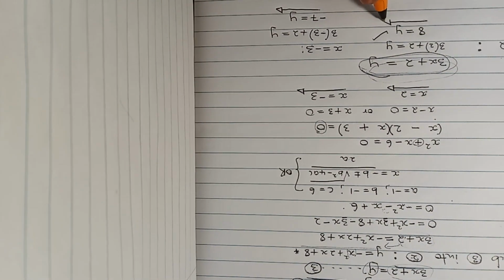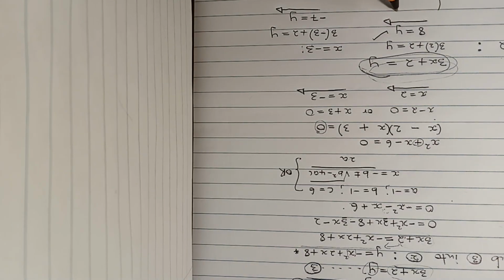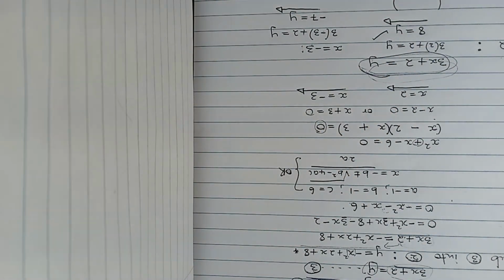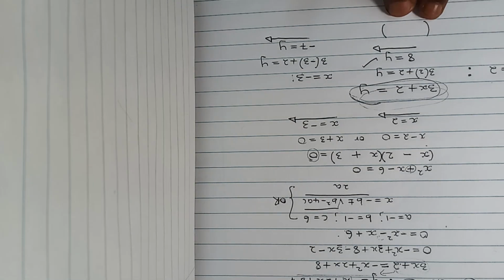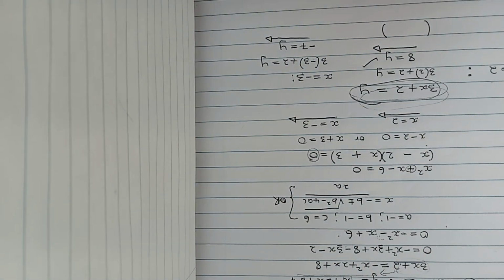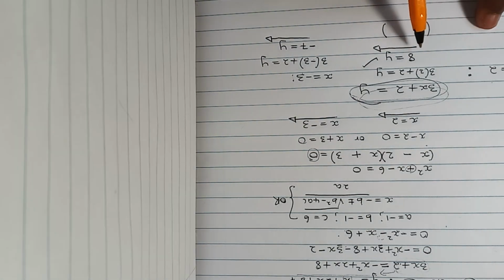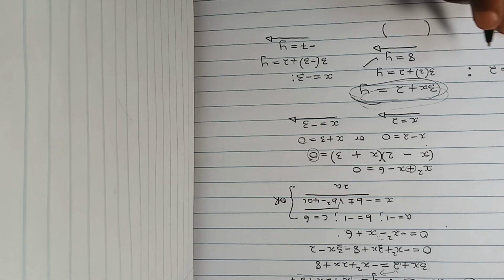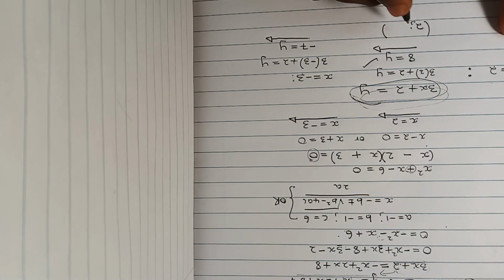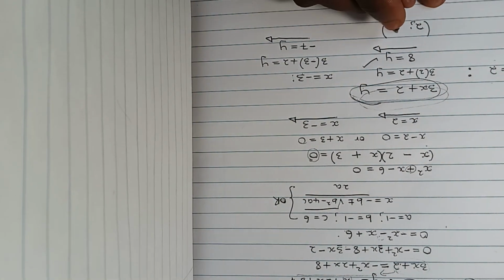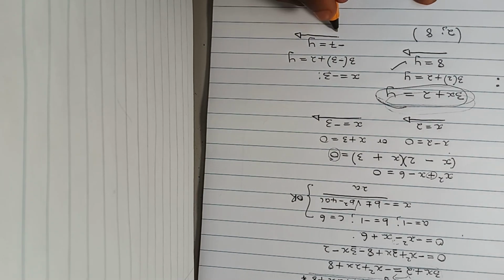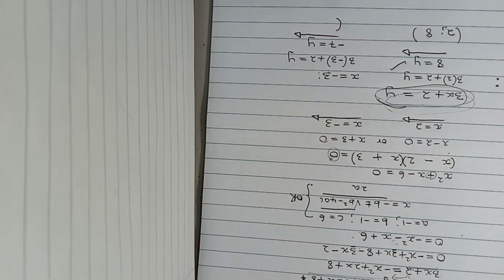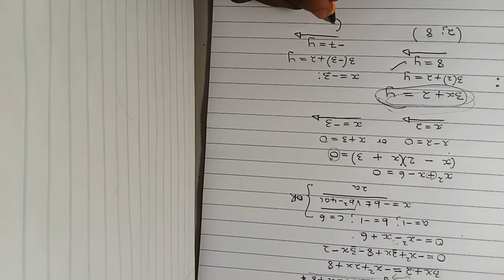So now the last part, remember these are coordinates. It's better if you get used to writing coordinates after solving your simultaneous so that you understand what you are calculating. So now, what is the value of x? That's 2. What is the value of y? That's 8. Here, what is the value of x? That's -3.